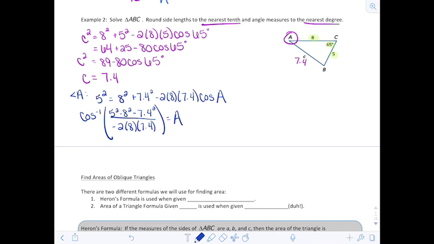Lots of algebra. Okay, so when we do this, we get angle A to be 38 degrees.